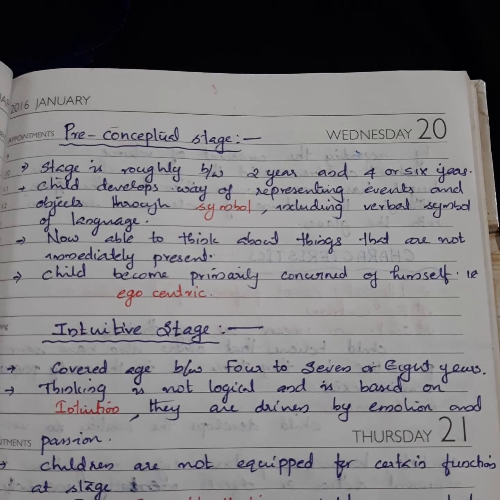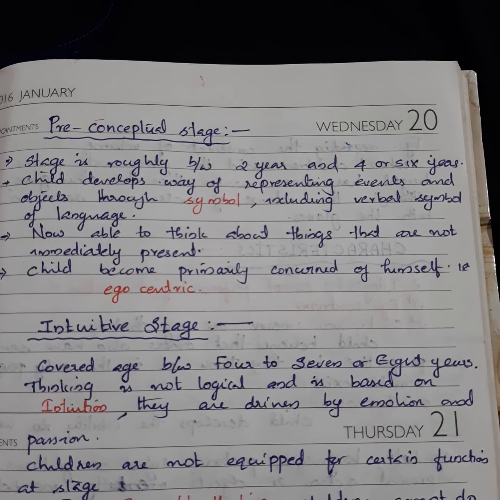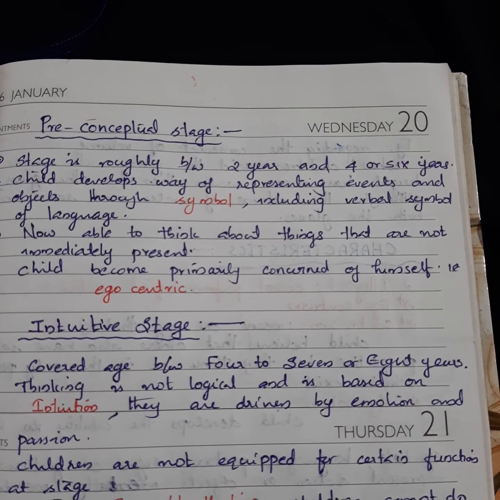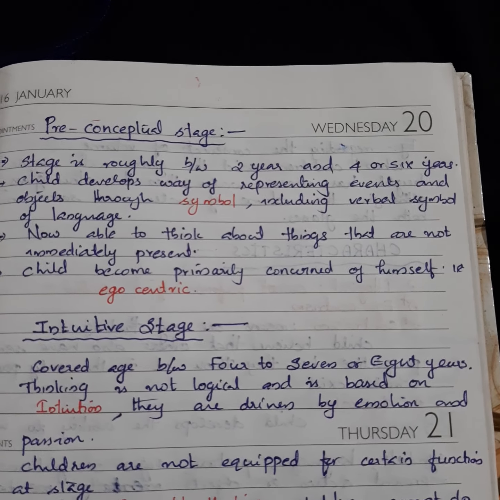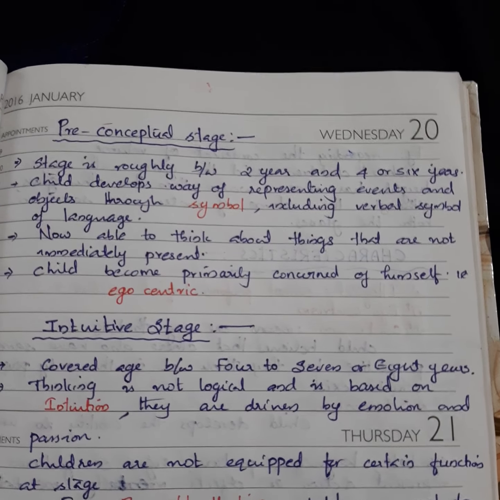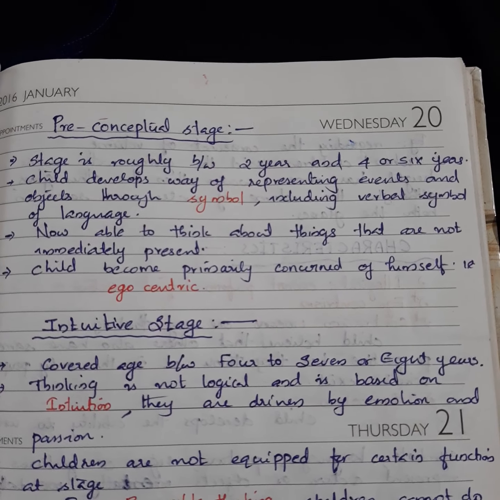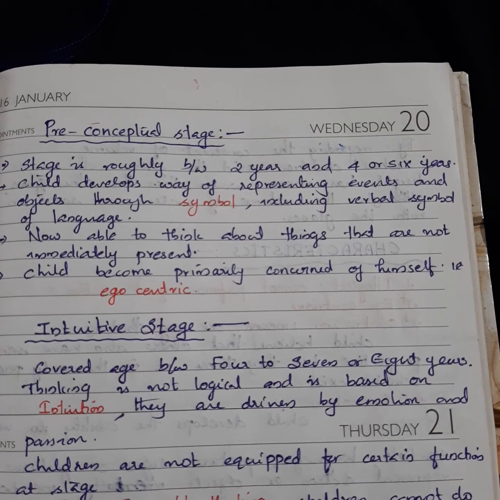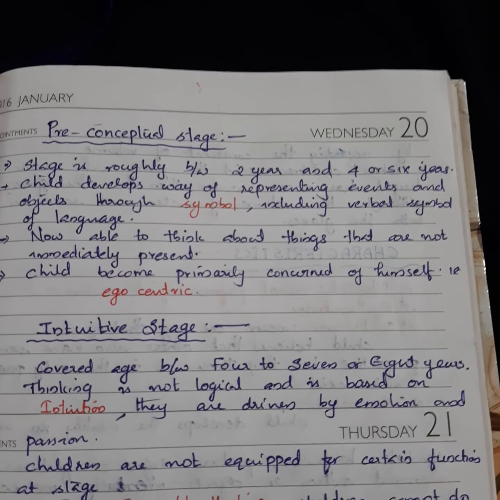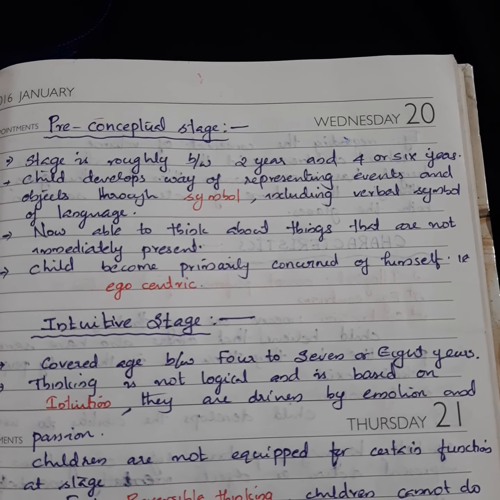Preconceptual stage. This stage is roughly between 2 years to 4 or 6 years. In this stage, child develops way of representing events and objects through symbols, including verbal symbol of language.